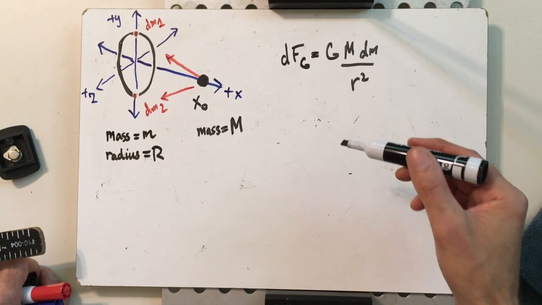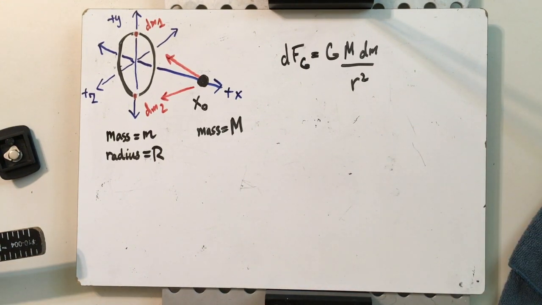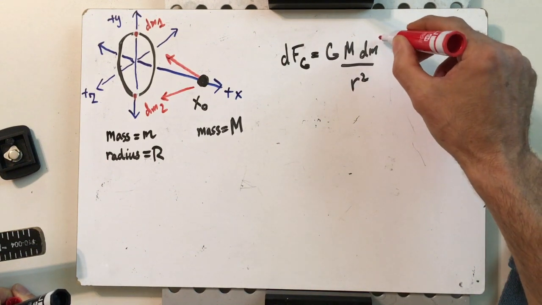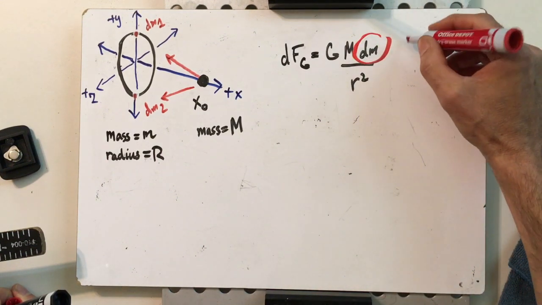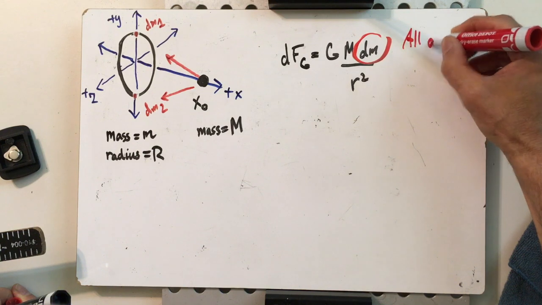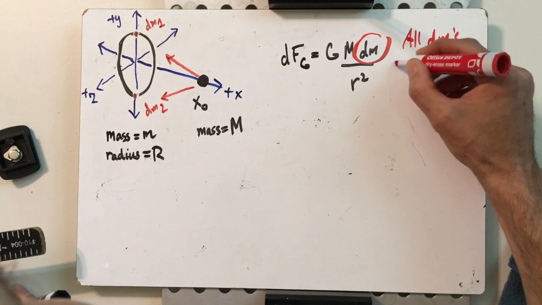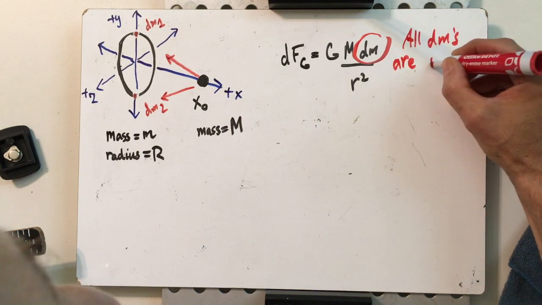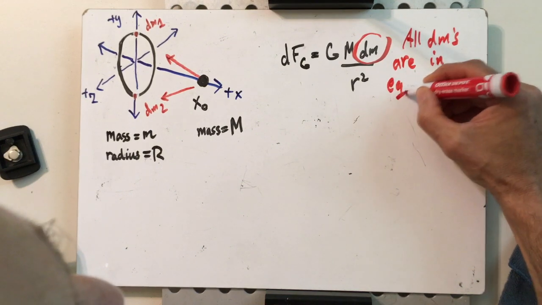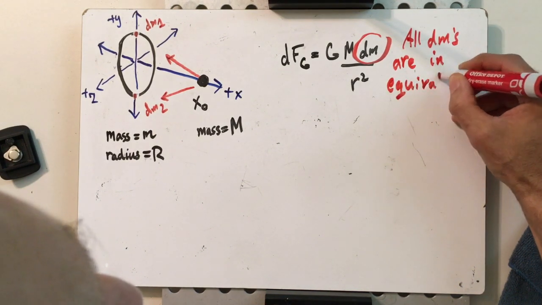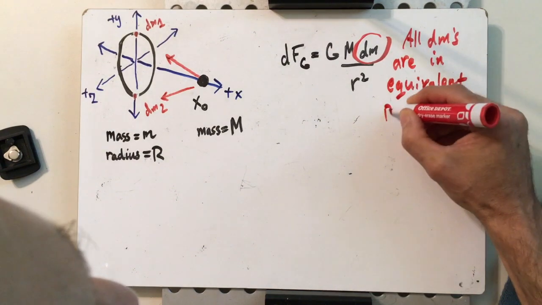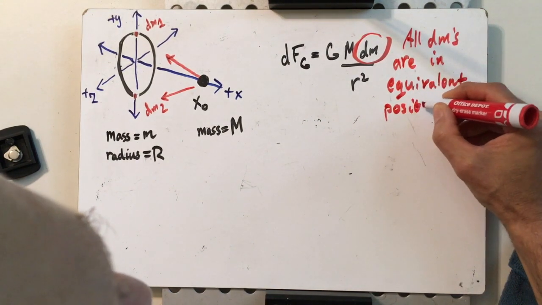So we don't really have to integrate anything. There's no real mass distribution with respect to position. All dm's are in equivalent positions, so no calculus is necessary.